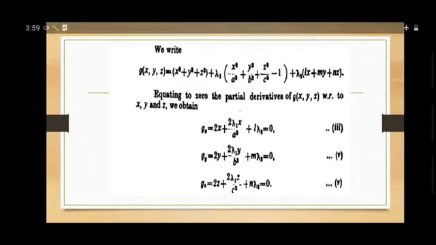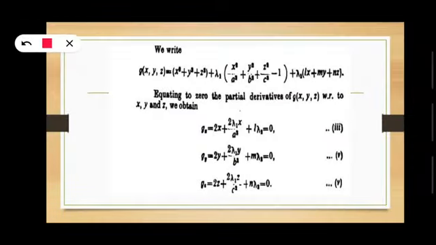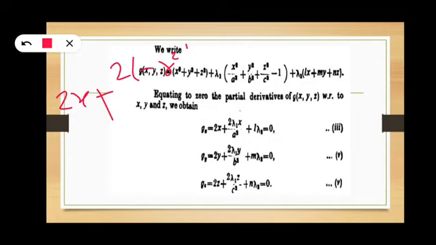Now we substitute lambda 1 is equal to minus r square, so here 2x plus 2 lambda 1 x, that means 2 into minus r square, the lambda 1 value, x by a square is equal to minus l lambda 2.